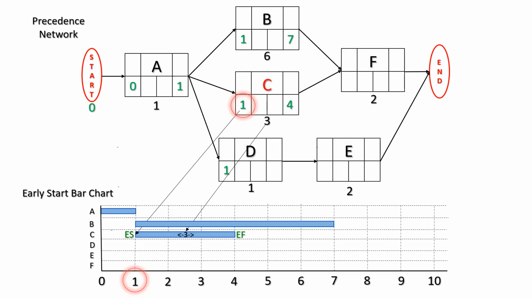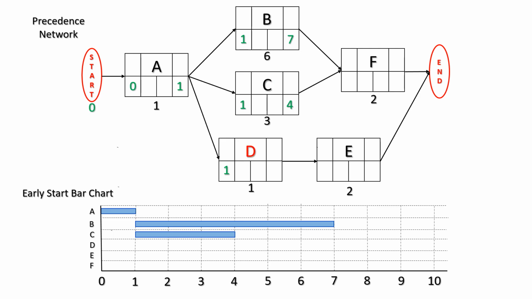We can check that we're right by examining the early finish, which is 4. And there we have the early performance of activity C, from the early start of 1 to the early finish of 4.